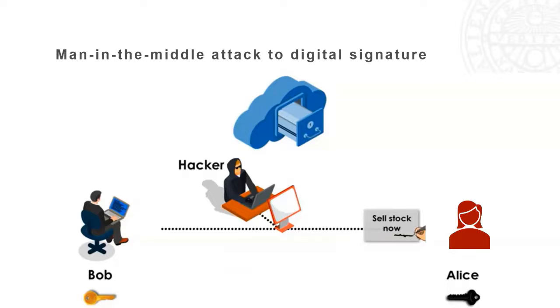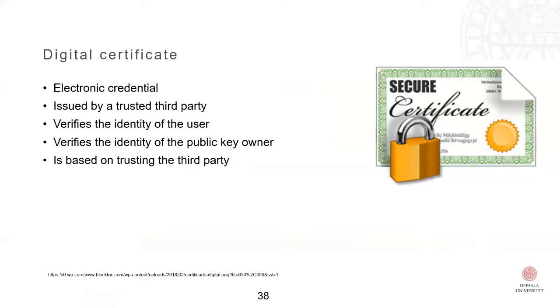So this is an attack which is possible in case of digital signatures. In order to solve this, digital certificates were introduced, which are like electronic credentials, and they are issued by trusted third parties, for example, by banks, by governments.